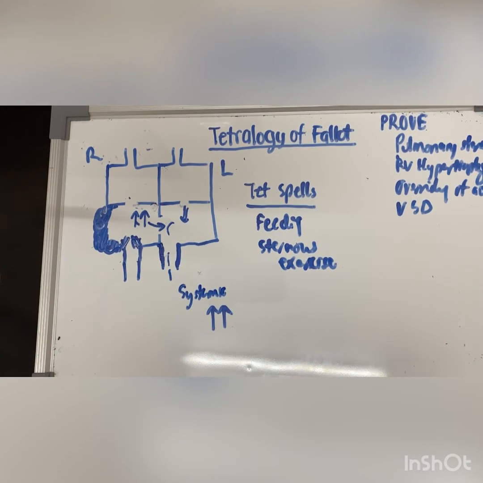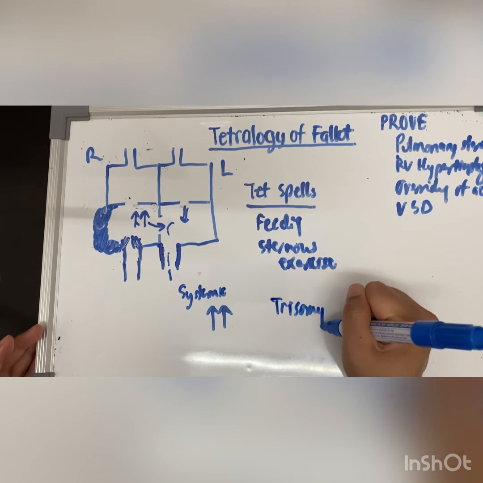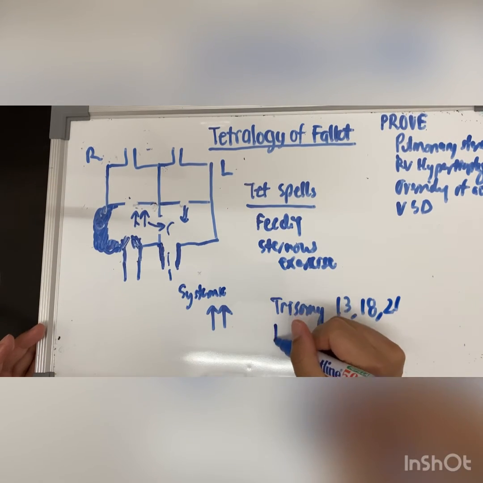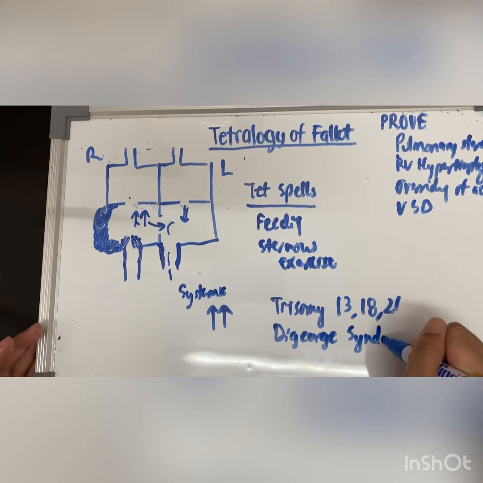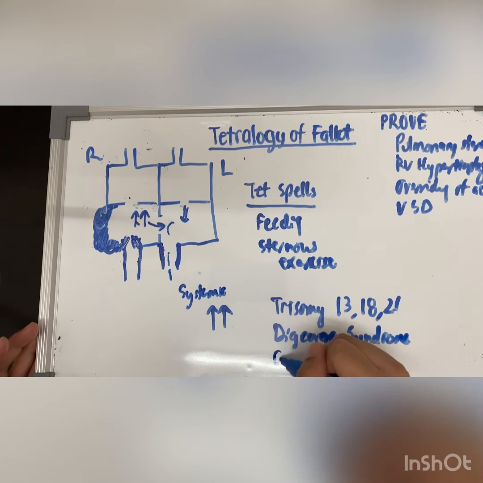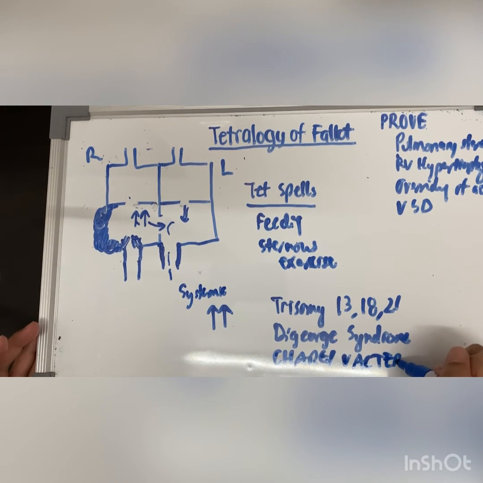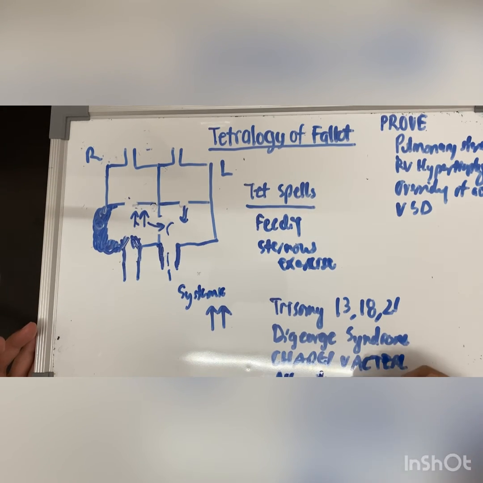So Tetralogy of Fallot is also associated with genetic syndromes such as trisomy 13, 18, and 21, and also DiGeorge syndrome, CHARGE or VACTERL association, Alagille and Holt-Oram syndrome.